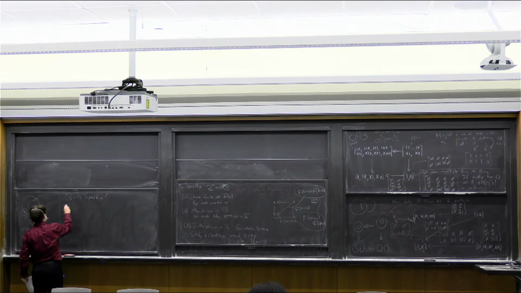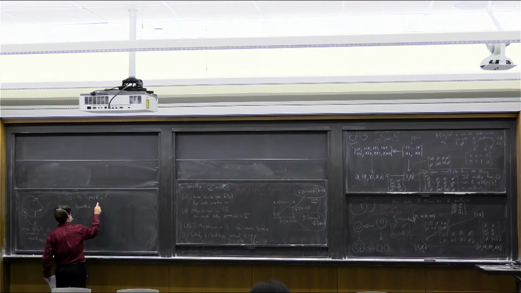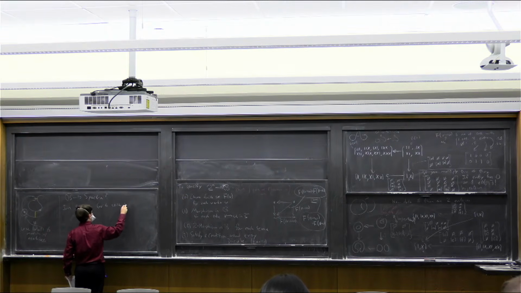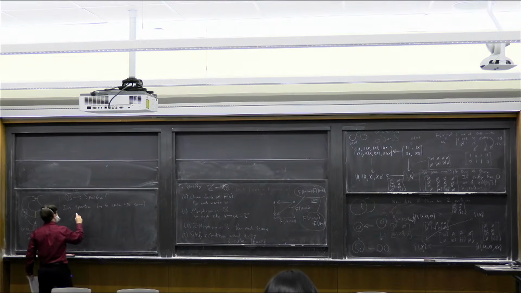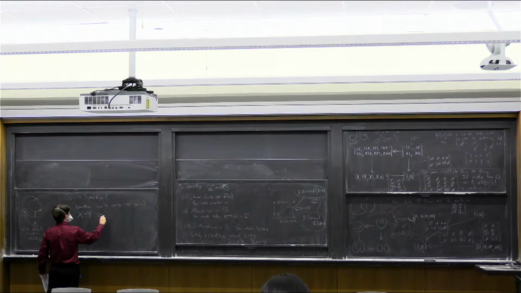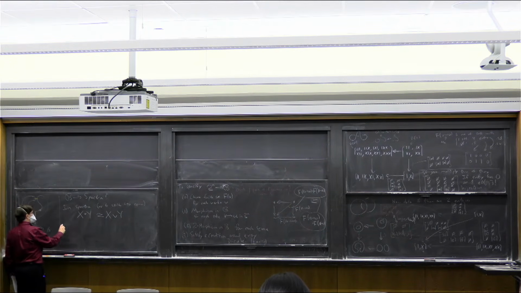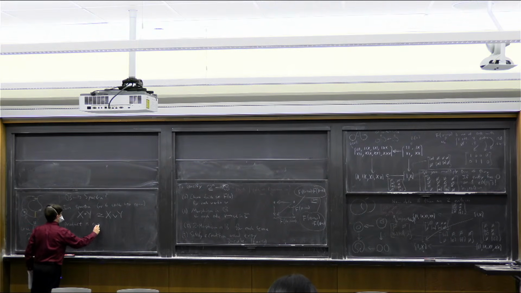In spectra, up to stable homotopy equivalence, said correctly, which is a little complicated actually, x cross y is the same as x wedge y. So the product is the same as the coproduct.